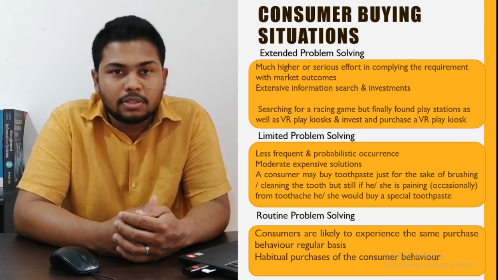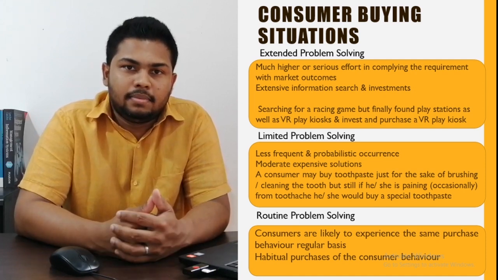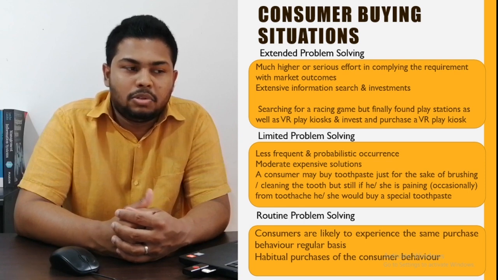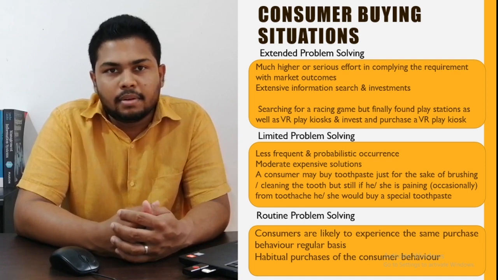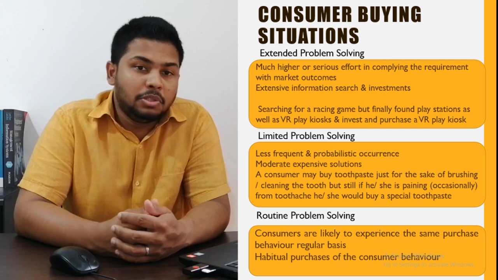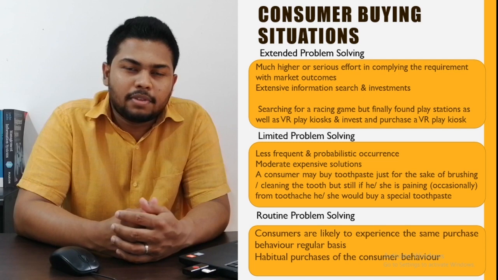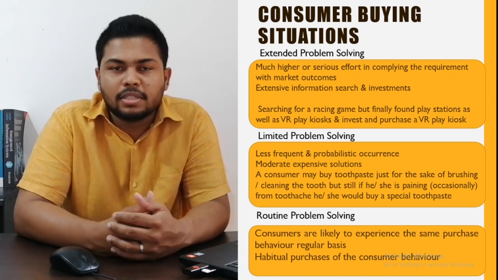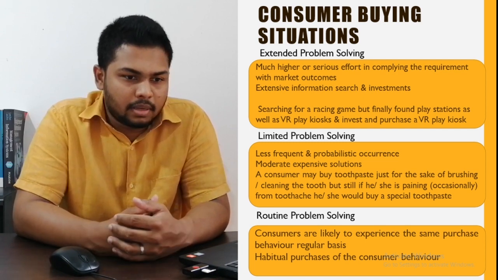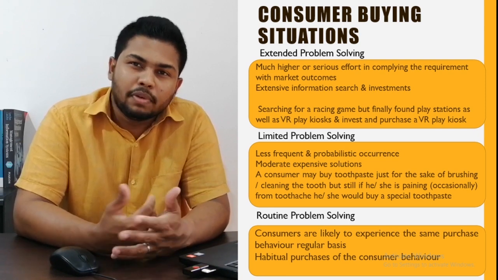Then the third one is called extended problem solving. Imagine a situation where you are going to buy a car, a vehicle, which is very expensive compared to others. Because of that, you will look for so much information and do additional information search, and the effort is very high in making your decision through evaluation.